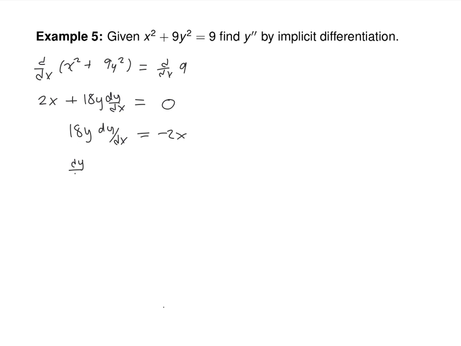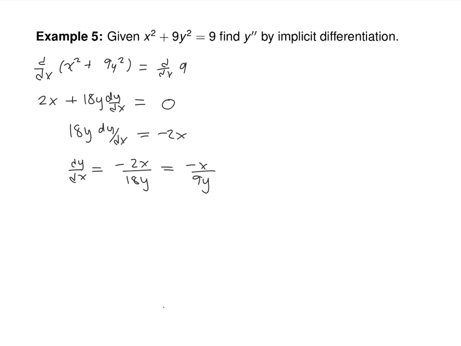Or dy dx is negative 2x over 18y. You should always reduce your fractions because it's going to make your life easier. So what does this reduce to? Okay, so that's dy dx.